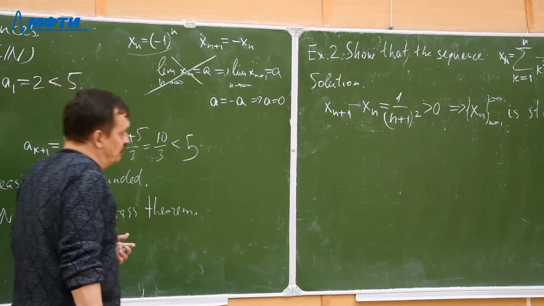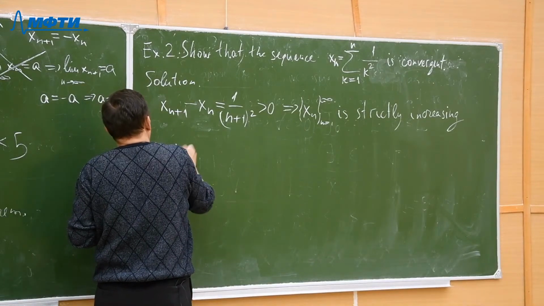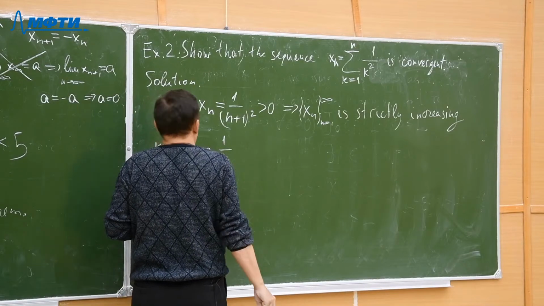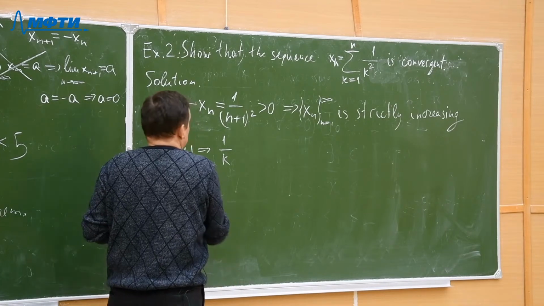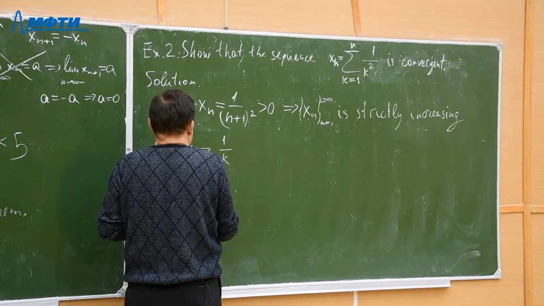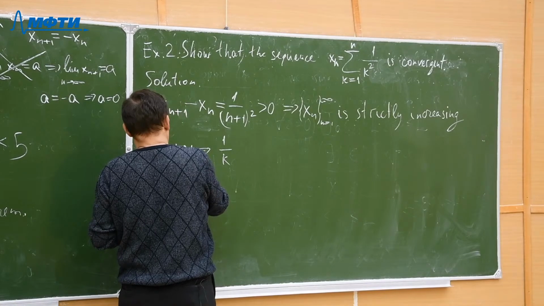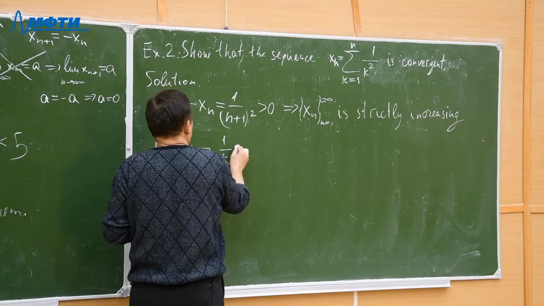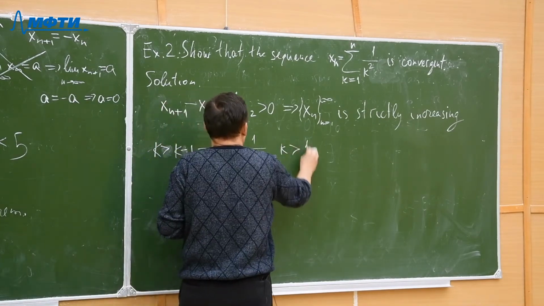Now we need to prove it is bounded. That is not so easy. So k is smaller than k plus 1, hence 1 over k is, okay, maybe I'll choose, k is greater than k minus 1, hence 1 over k is smaller than 1 over k minus 1, for k greater than 1.